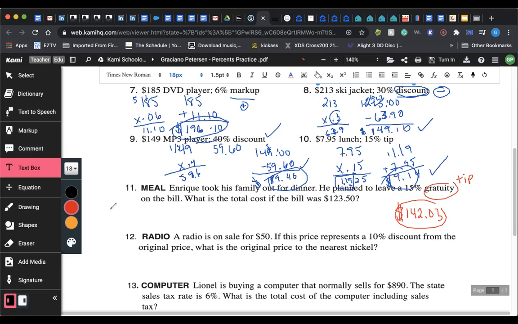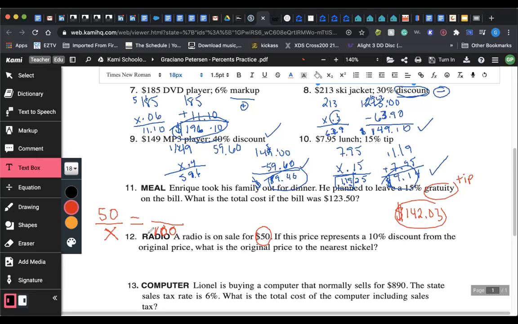We have to do 2 ratios and set them equal to each other. So we know that the radio right now is $50, right? So we're gonna put that on one side, but we're trying to figure out the original price of the radio. We don't know what that is. So we're gonna put an X to represent that price that we don't know. We know that X is equal to 100% of the actual price, right?